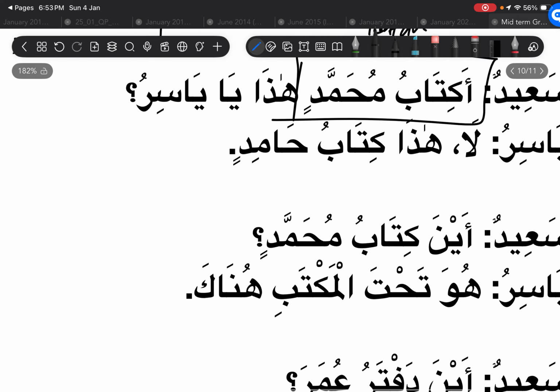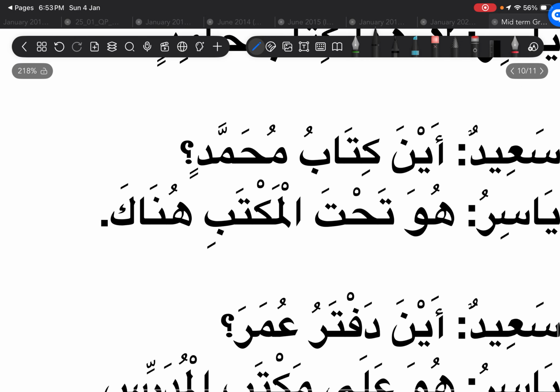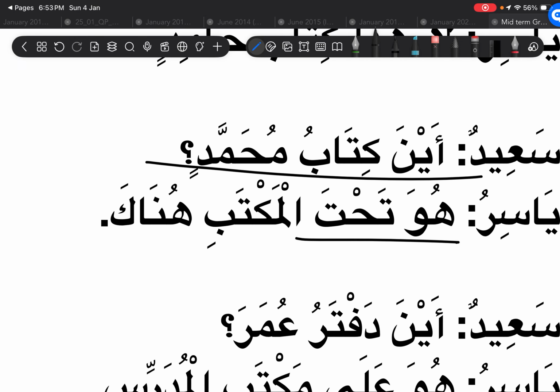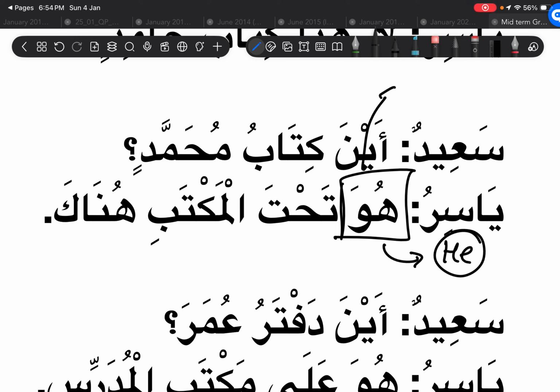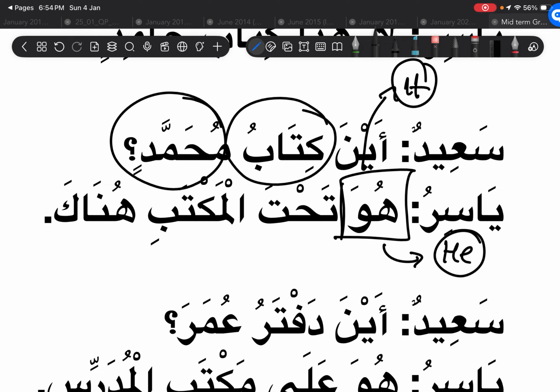Okay. Moving on. أين كتاب محمد? Where is Muhammad's book? هو تحت المكتب هناك. One of the students wrote huwa as he, although it was supposed to be it. I guess what was going on in her head was that huwa means he, but she failed to remember we are talking about the book and not the person.